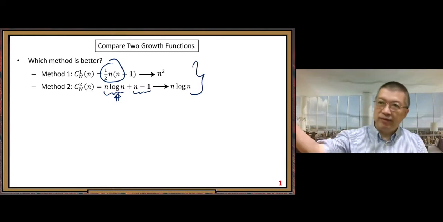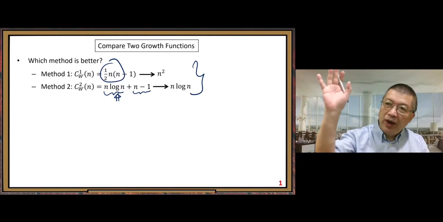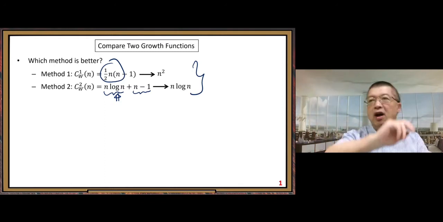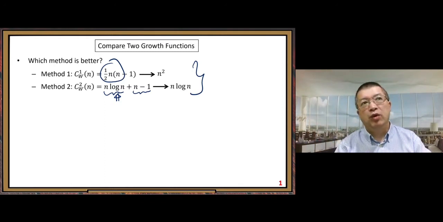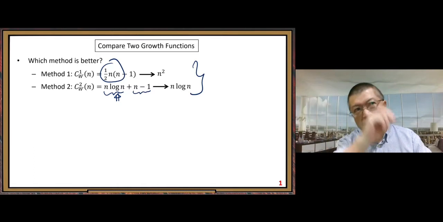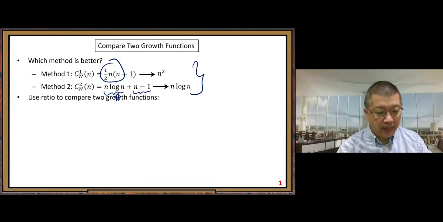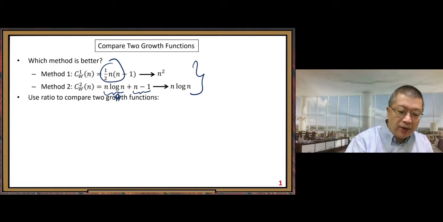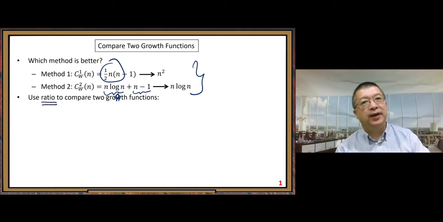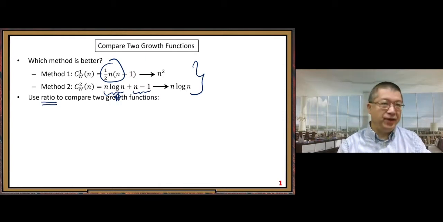For the long run, we want to look at when n is very large. We want to look at that trending behavior. All right. Use the ratio to compare two growth functions. Ratio. Okay, so that's the commonly used method.